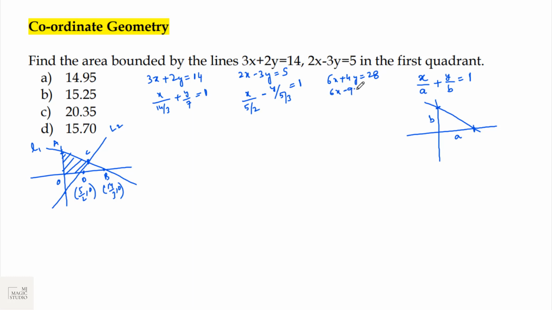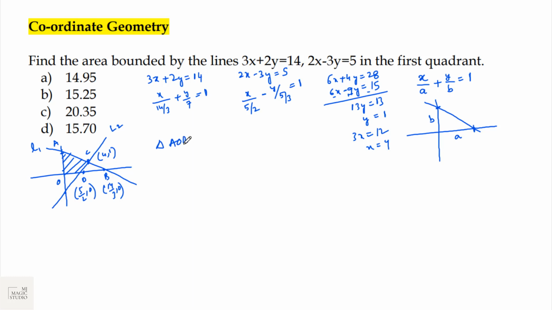And this by 3: 6x - 9y = 15. Subtraction: 13y = 13. So the value of y is 1. 3x is 14 minus 2, that is 12. x is 4. So point C is actually (4, 1).